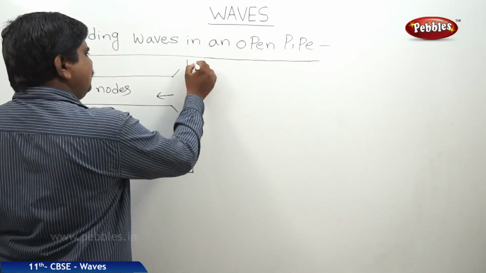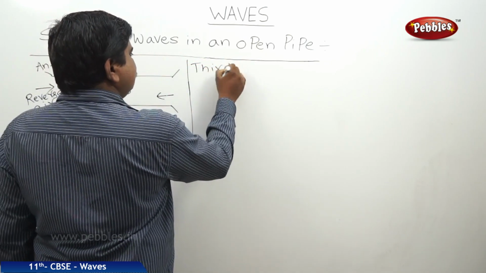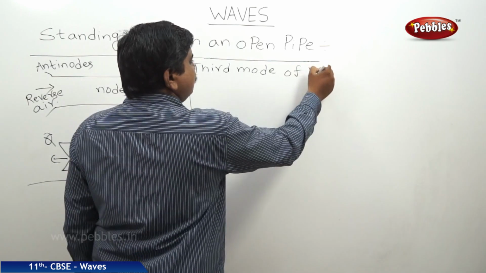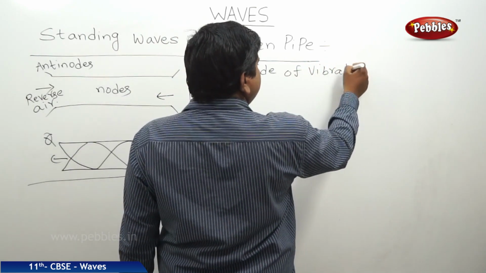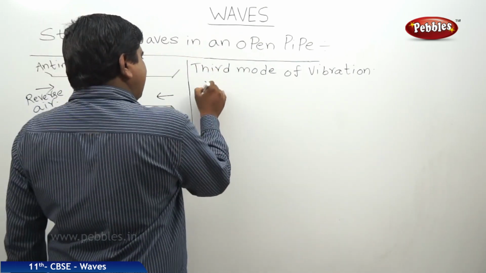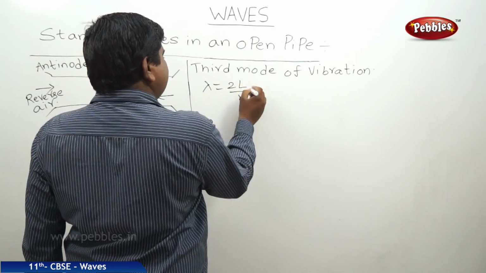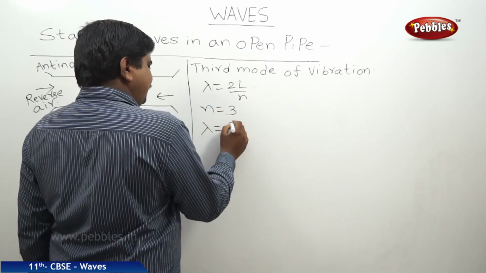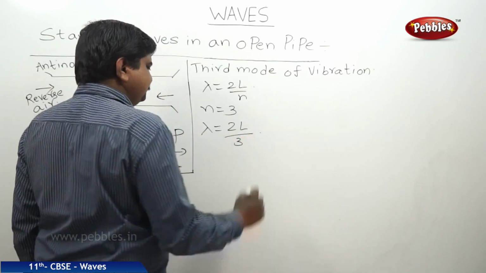So next one is the third mode of vibration. We know that lambda is equal to 2L by n. For the third mode of vibration, n is equal to 3. Therefore, lambda is equal to 2L by 3.